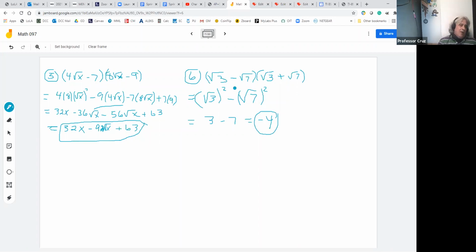But when you have radicals, they call them conjugates because they're opposites. They're the same in every aspect except for the sign in the middle. And you know what happens when you multiply something by its conjugate? You lose your middle terms. And so there's only the two terms squared with a negative in the middle. So it's -4.